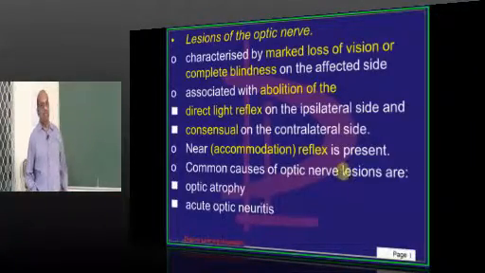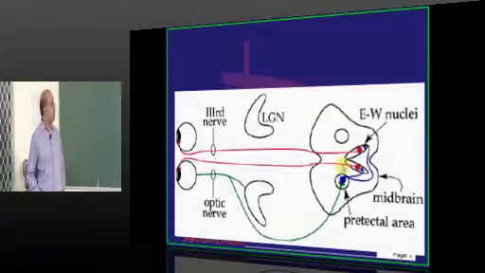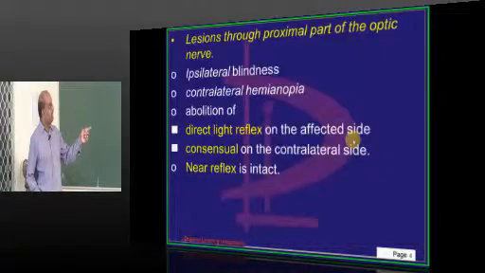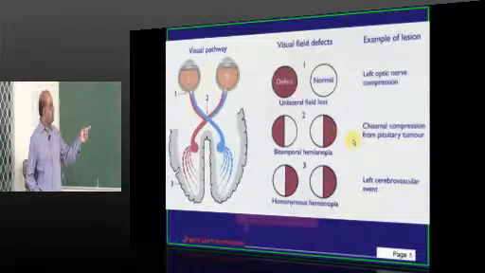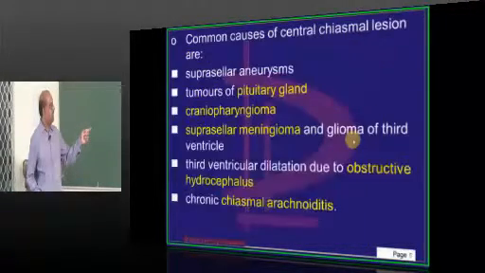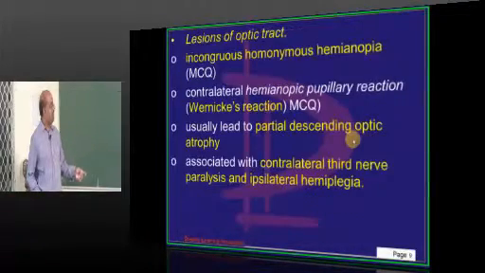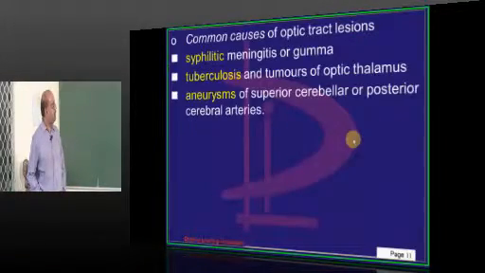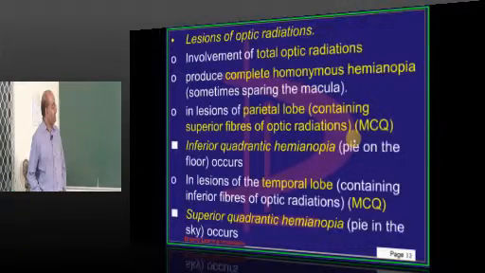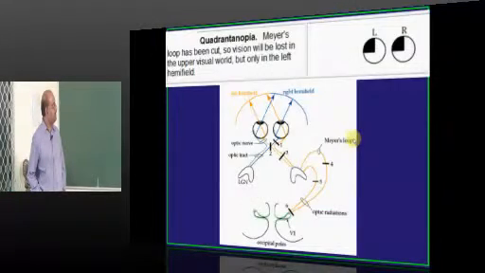So if you know the long path, you will be able to answer any question which comes. But anyway, for a quick review, first let me pay due respect to the tract.